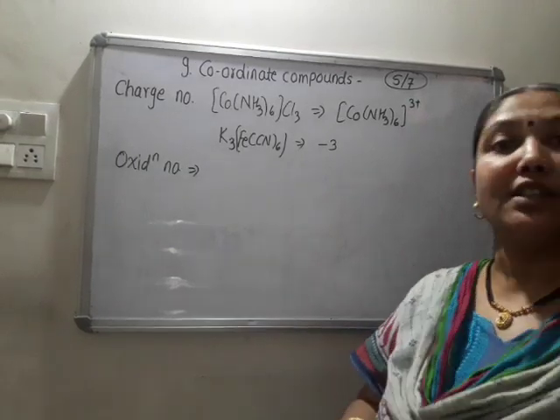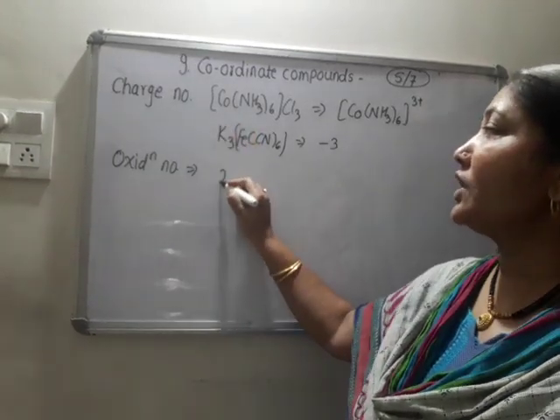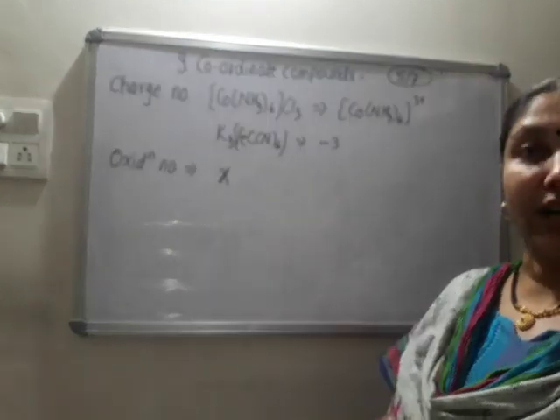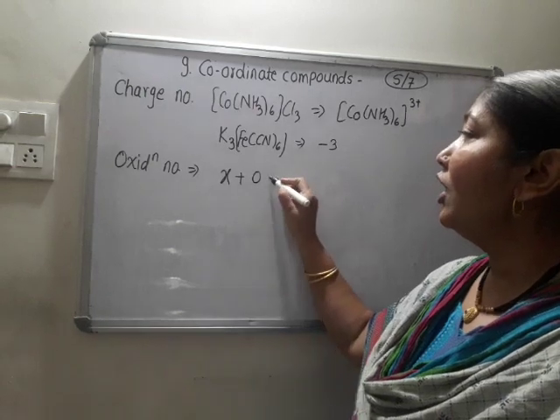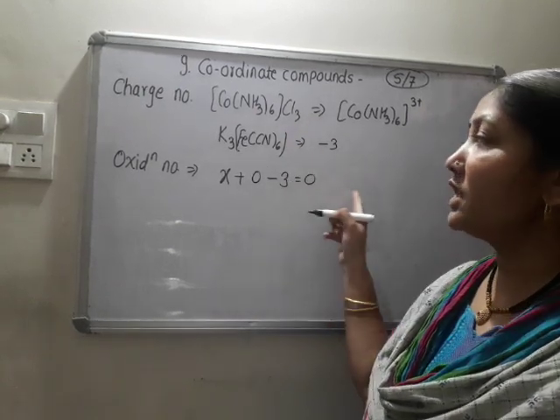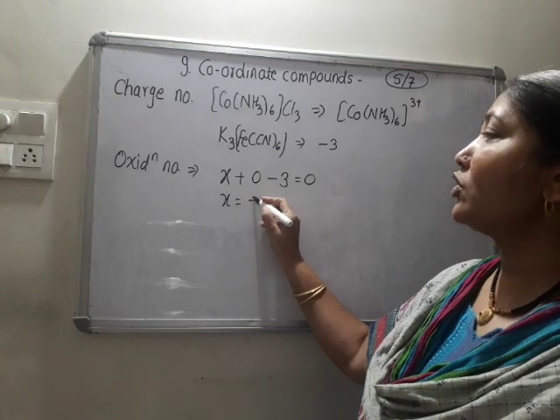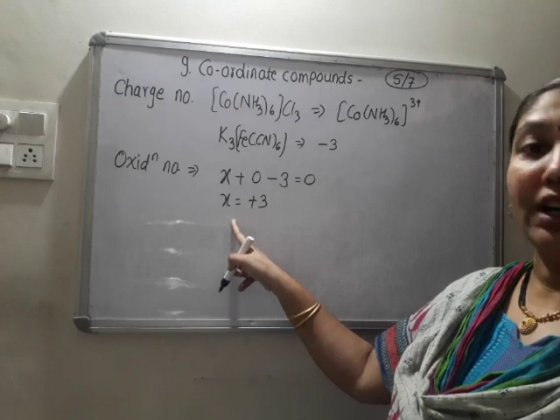In the first example, we consider cobalt, and you have studied the rules for how to find the oxidation state. Say the oxidation state of cobalt is x, and NH3 is 0, a neutral molecule. Chlorine, Cl, is -1 into 3. So the total charge is 0. So we get the charge on cobalt equal to +3. So the oxidation state of cobalt is +3.